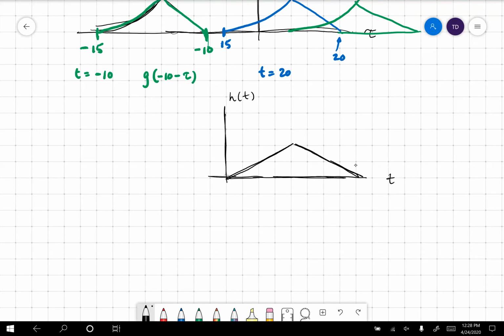What does this mean? This means if I put an input into the system, which is an impulse, this is what will come out. This will be the output if I put an impulse in. But if I put anything else into the system that's not an impulse, I'm going to give you an input here.